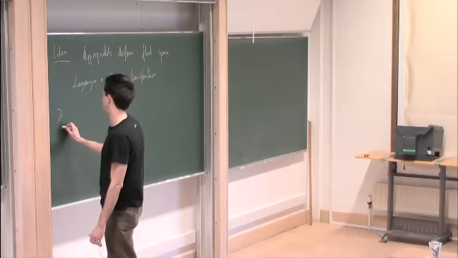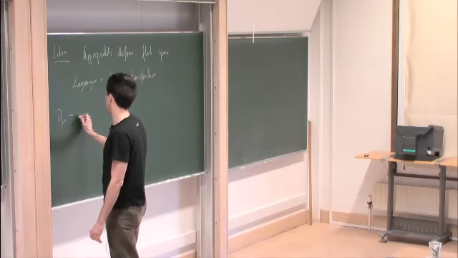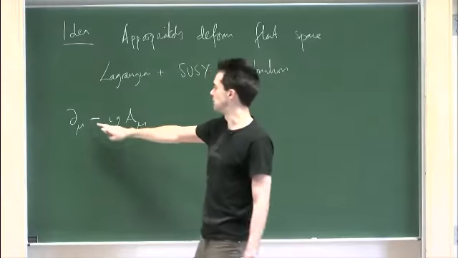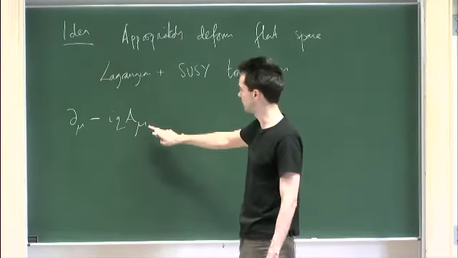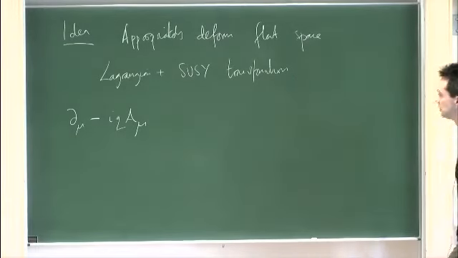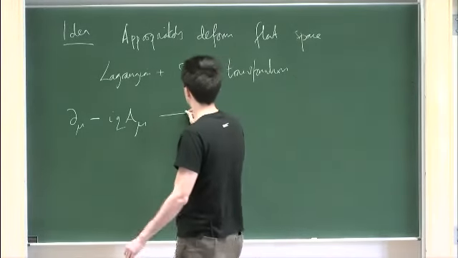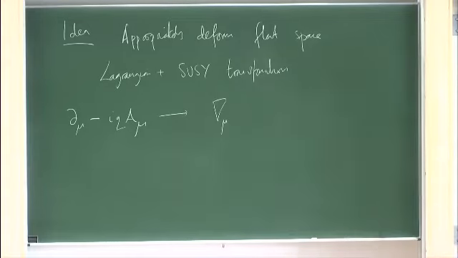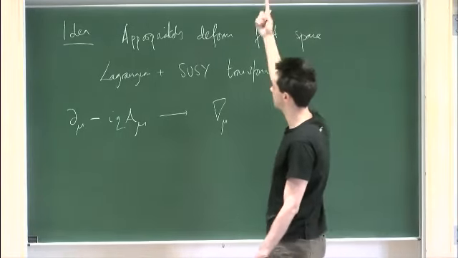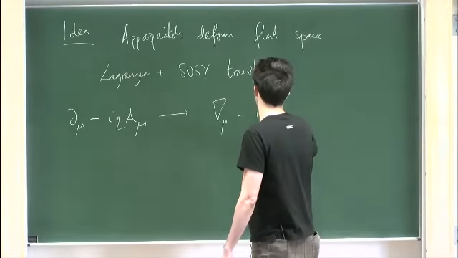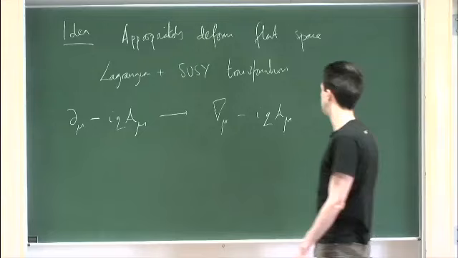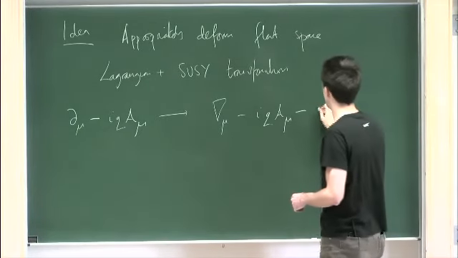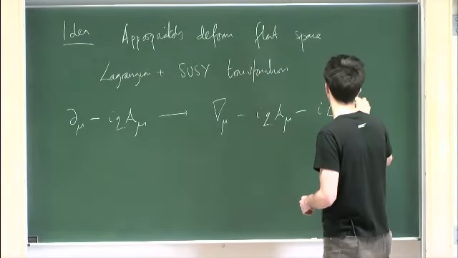But for example, if you have some covariant derivative in flat space, this is D mu, this is some charge q, this is a dynamical gauge field A mu. The first thing you want to do is covariantize the D mu on the background. This is usually the covariant derivative with respect to the metric. The gauge field term will stay the same, but you've gauged the R symmetry.